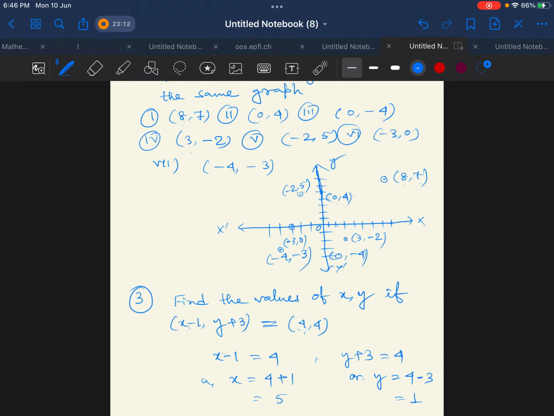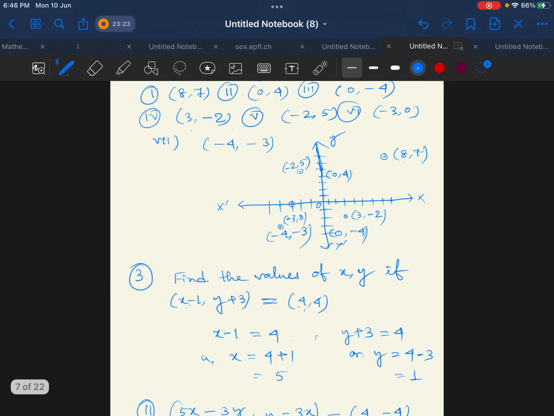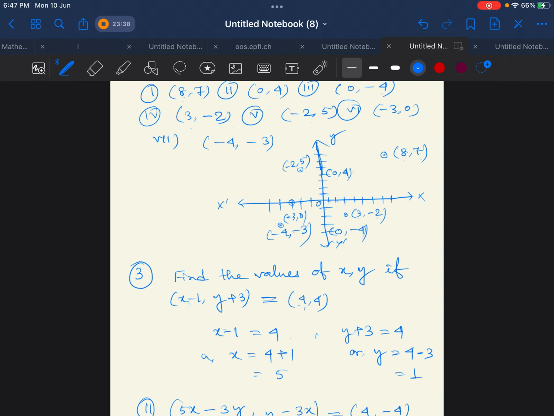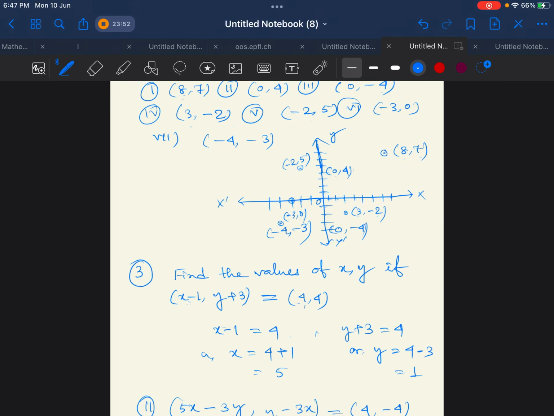Okay, 3, minus 2. Where is this point located? 1, 2, 3, minus 2, 1, 2. Next, minus 2, 5. So, 1, 2, minus 2, and along the upward direction of y-axis 1, 2, 3, 4, 5, here is the point. Minus 3, 0: 1, 2, 3, and here on the x-axis the value of y is 0. So, here is the point minus 3, 0.